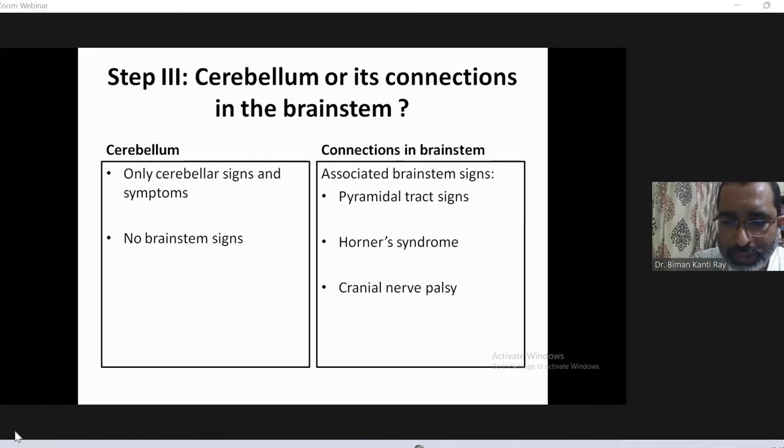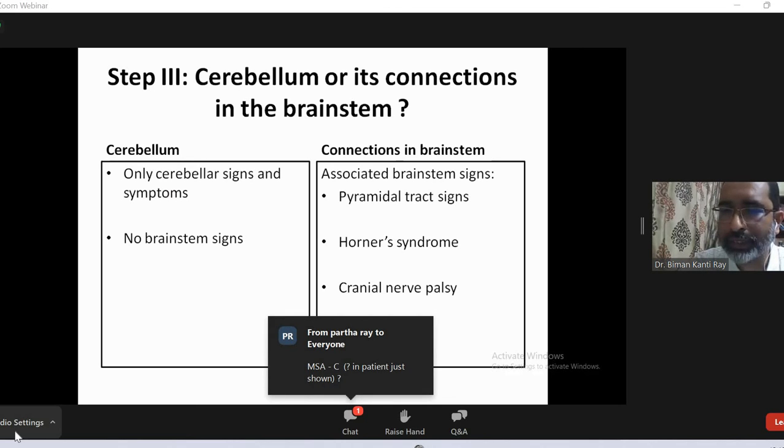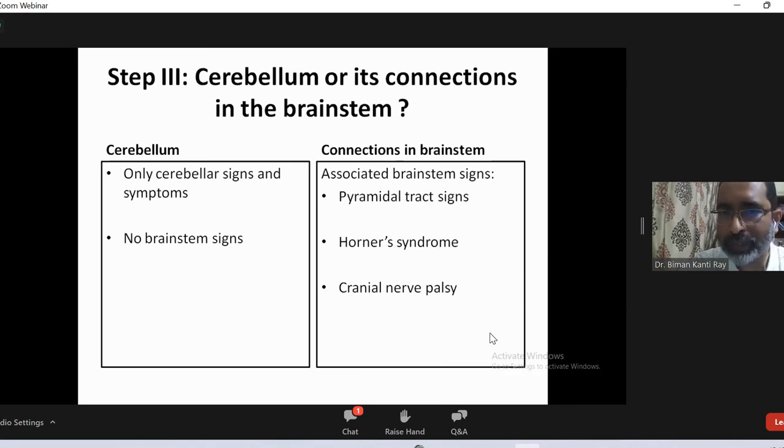In the history and examination, if you get only cerebellar signs and symptoms, no brainstem sign, the problem is only in the cerebellum. If you get, in addition to cerebellar features, pyramidal tract signs, cranial nerve palsy, or Horner syndrome, then the problem is in the connections of cerebellum in the brainstem.